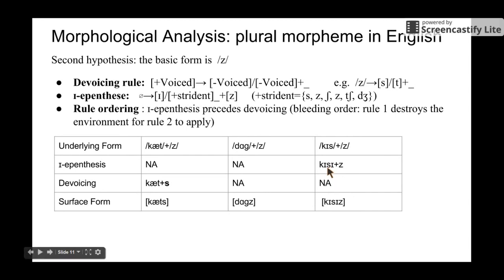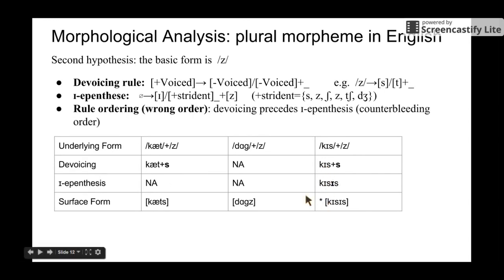Because originally we have a voiceless sound. This sound will trigger the devoicing rule. However, if we have the vowel insertion, then the environment is destroyed. Okay. And for this wrong order case, it's the opposite order of the bleeding order, so it's called counterbleeding order. Okay.